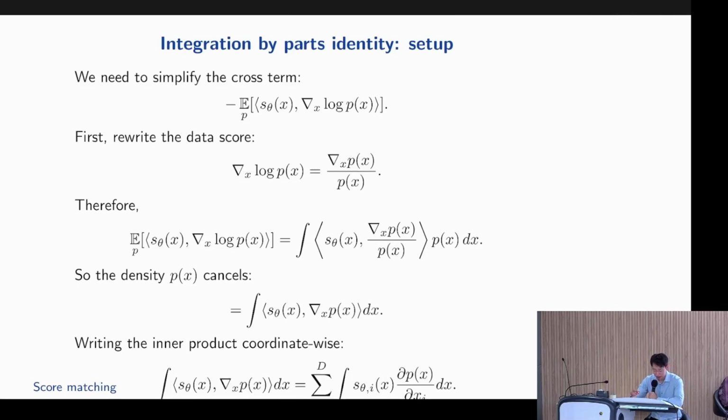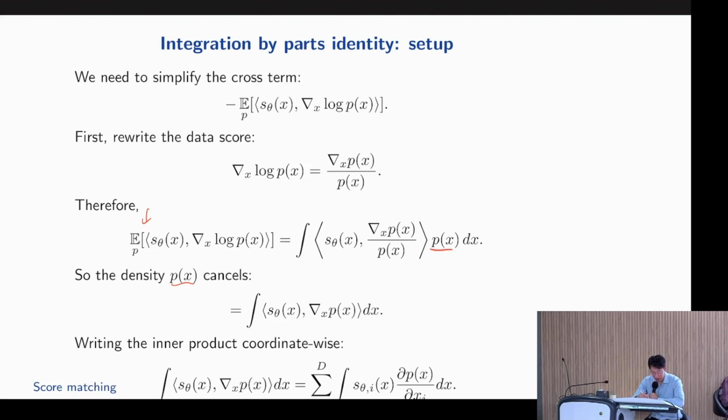Then let's expand the expectation sign. So here that's the integral over x under the p distribution of the inner product between the score and the ratio between the gradient of the density over the density. And the density p(x) cancels, so it's the integral of the inner product between the score and the gradient.